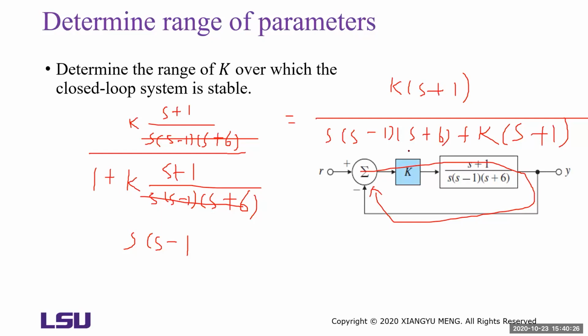Have you got the denominator polynomial? The first row is 1, 5, 1, and the second row is 1, -6, 0.